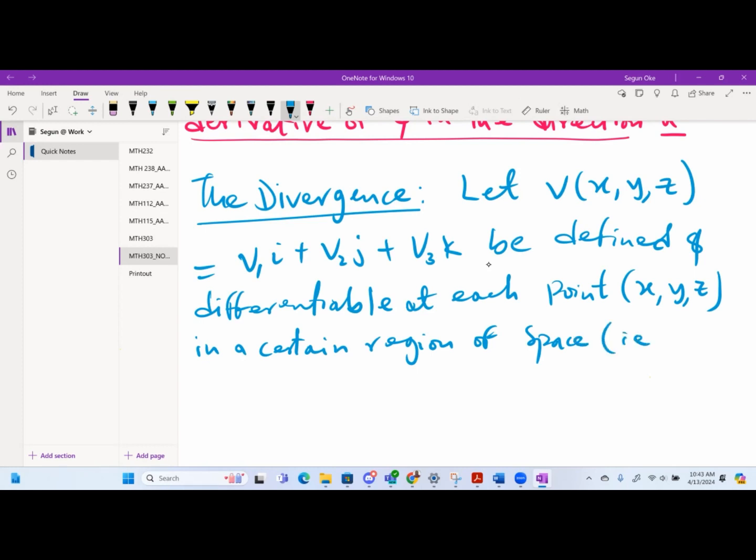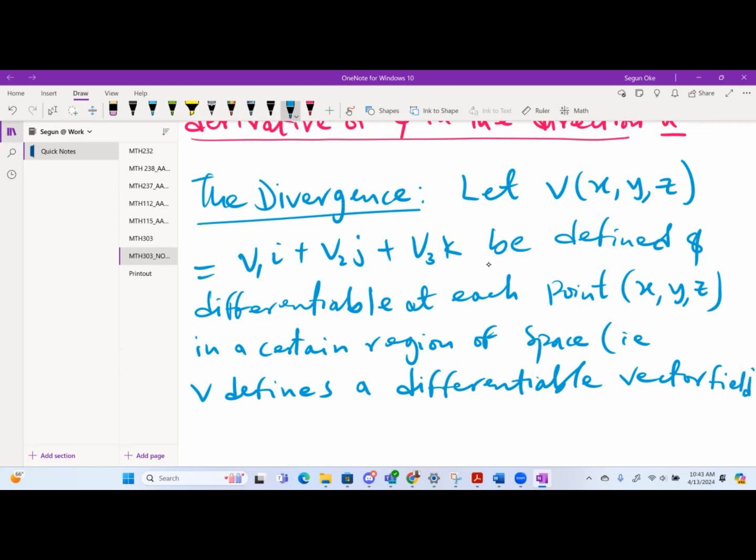That is, we define a differentiable vector field.